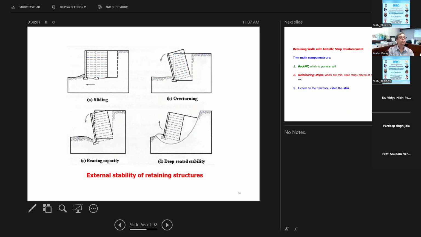So mostly the concrete block. And then there is a tie over here, and this is the horizontal spacing SH, and this is the vertical spacing.